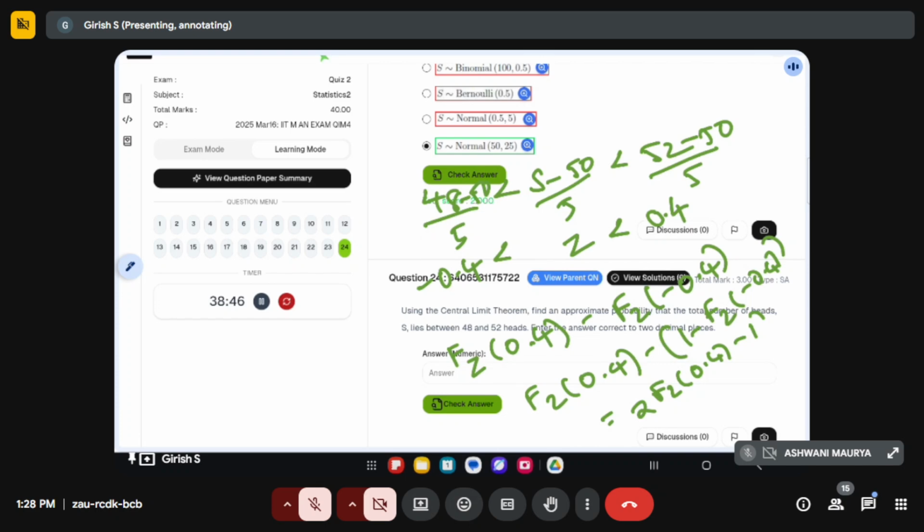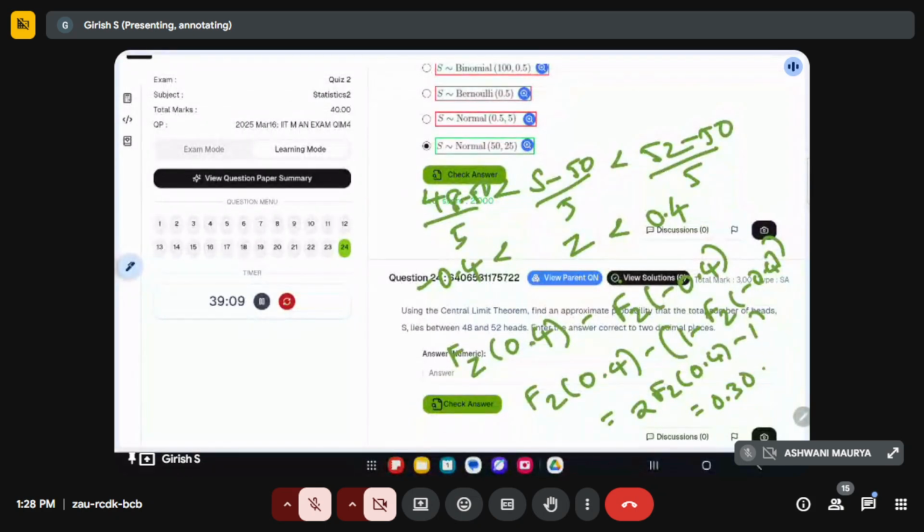I think it is somewhere 0.65. It should be close to 0.30 something. Let me check this out. By the way, is the concept clear?